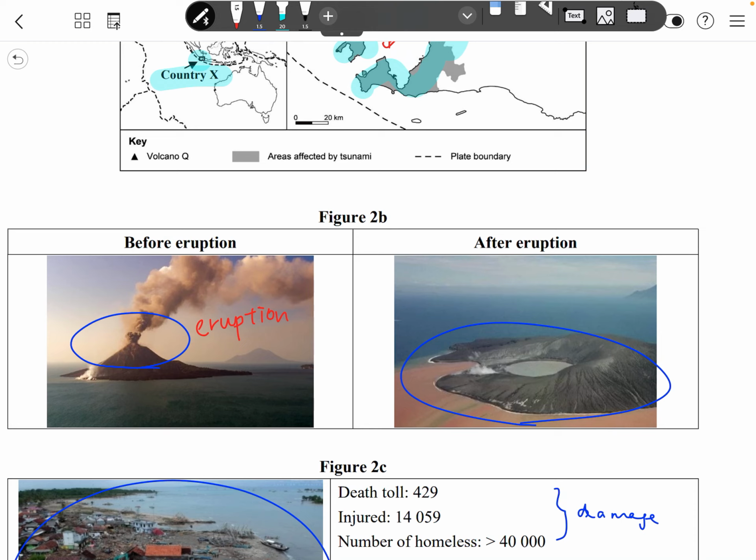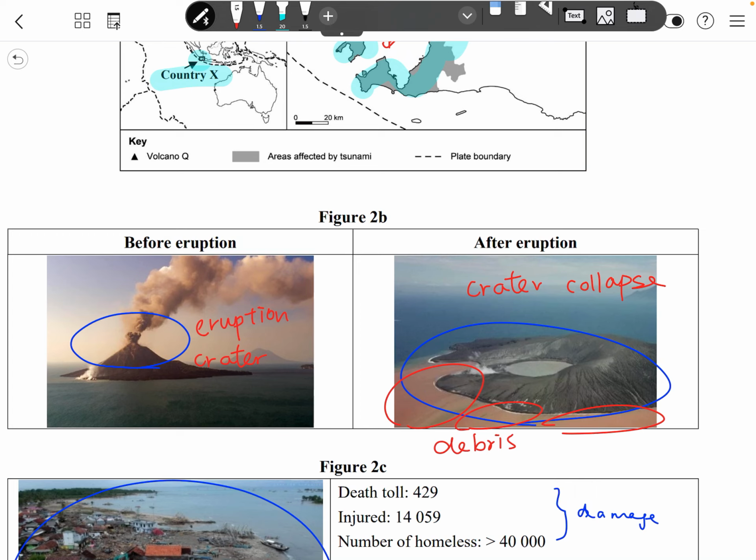A normal eruption that just blows out smoke will not cause a tsunami. So we can see this is a crater, 火山口. But we can see after the eruption, the crater collapses. The crater collapse, and there is a lot of debris.